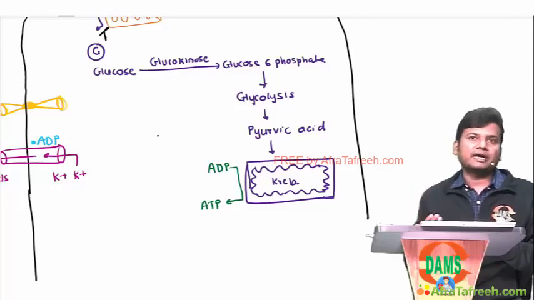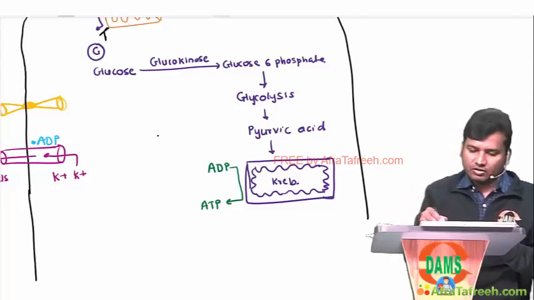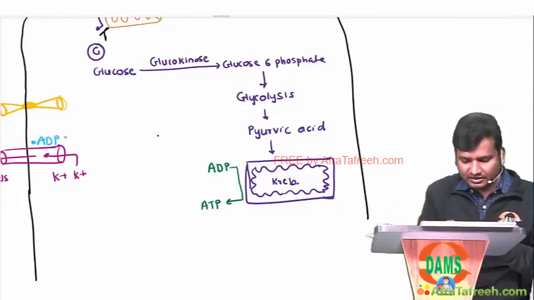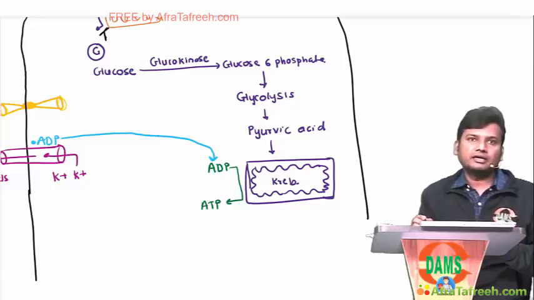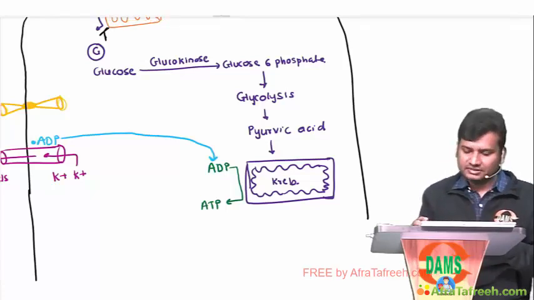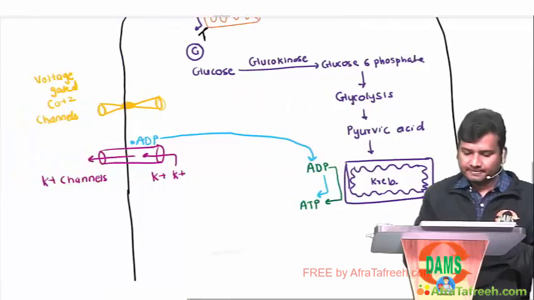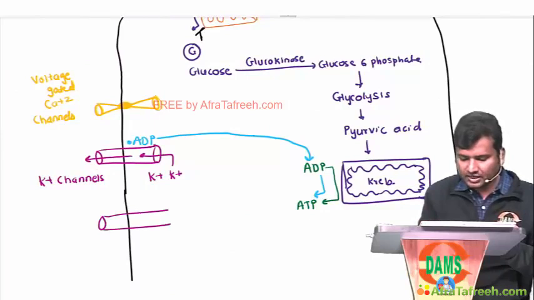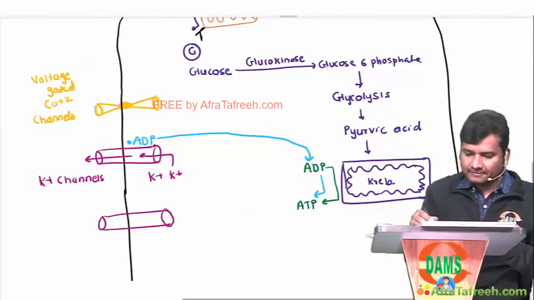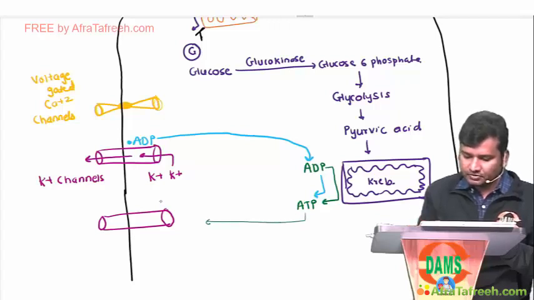So demand for ADP will increase, and when demand increases, the ADPs of potassium channels will be transferred to the Krebs cycle and converted to ATPs. Now these ATPs will be transferred back to potassium channels, and they will block the potassium channels.